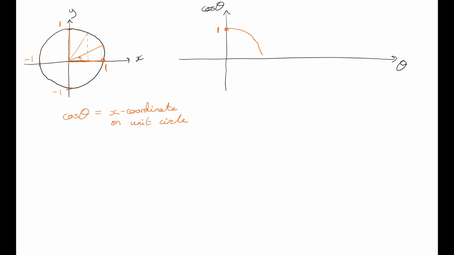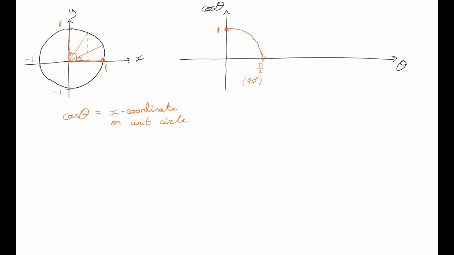When we get to an angle of 90 degrees, or pi over 2, we can see that the x coordinate, so cos theta, is equal to 0. So here, my angle that I've moved through to get there is pi over 2, or 90 degrees. And my x coordinate, so cos of pi over 2, or cos of 90 degrees, is equal to 0.